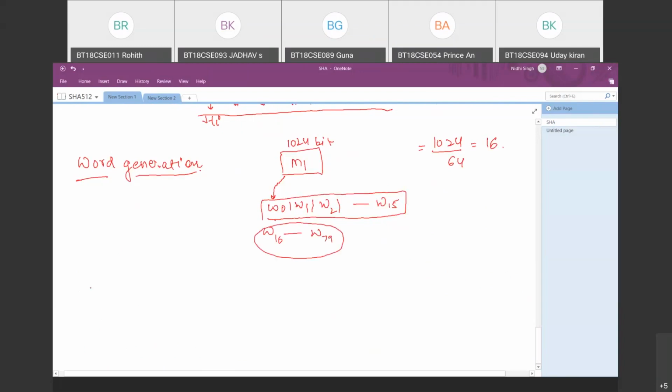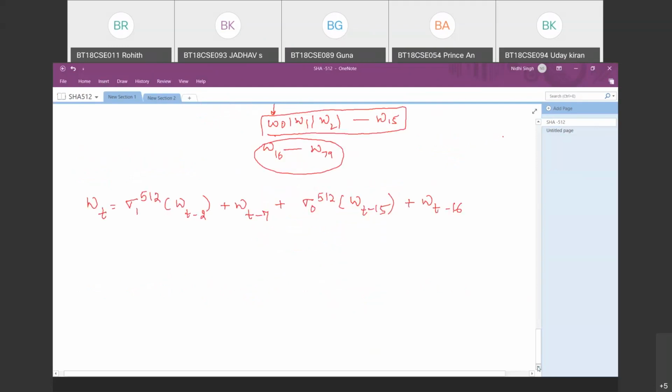The general formula is Wt = sigma1 512 of W(t-2) + W(t-7) + sigma0 512 of W(t-15) + W(t-16). So you have to learn that formula. There is no logic for it.